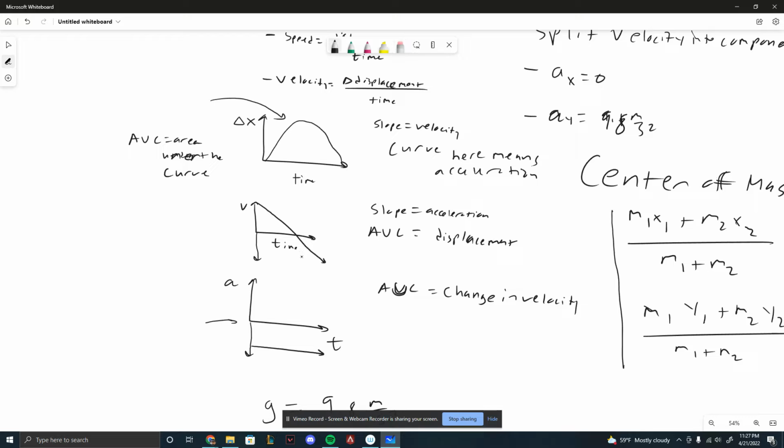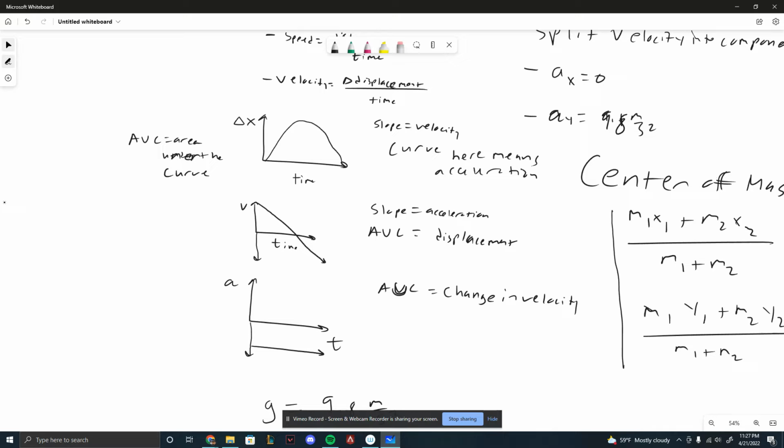What we'll notice is the slope of a position versus time graph is velocity. I know we're not figuring out the slope here, but if we had a position versus time graph, something like this, the slope of this would be the velocity. So delta x over t, and the area would not give us anything here because delta x times time doesn't give us anything.